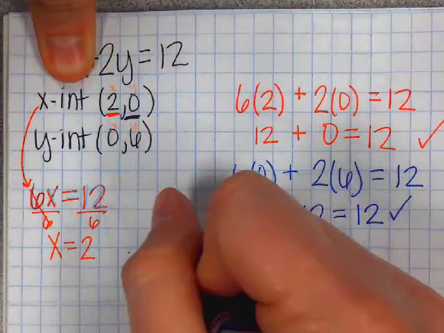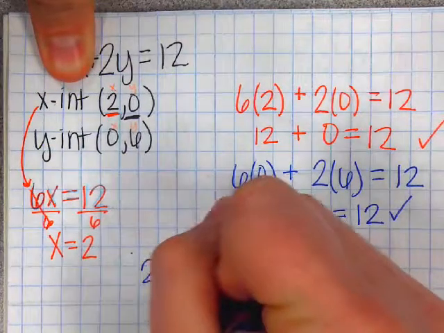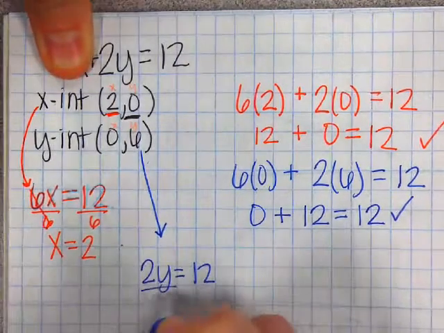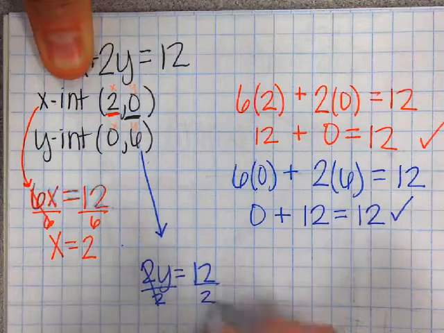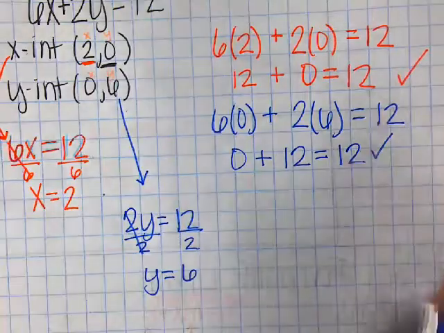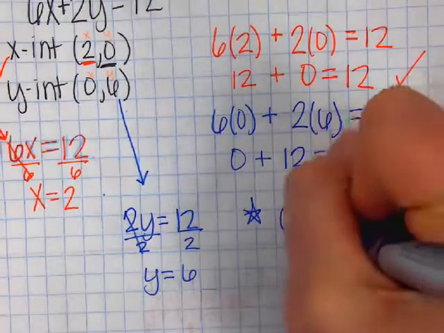It's 2. Now let's look for our y-intercept. We're going to do the same thing. So it would be 2y equals 12. Divide by 2, divide by 2. So my y-intercept is 6.